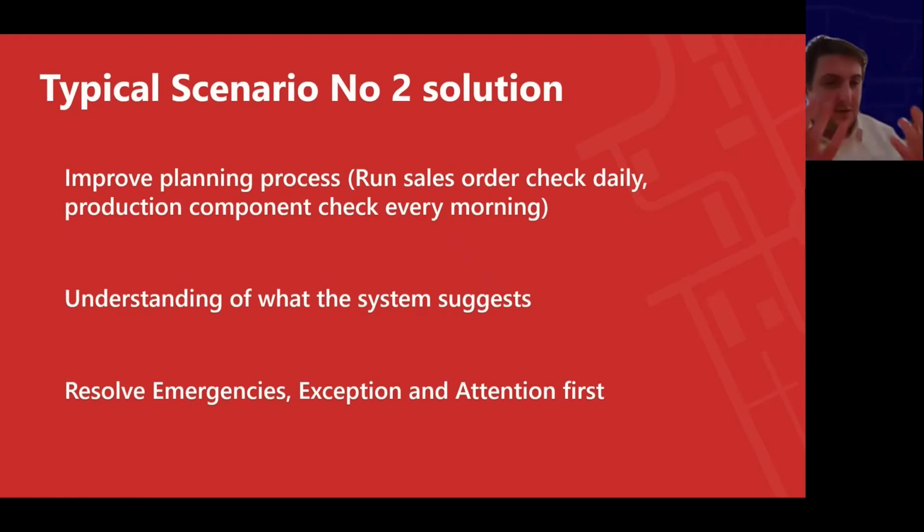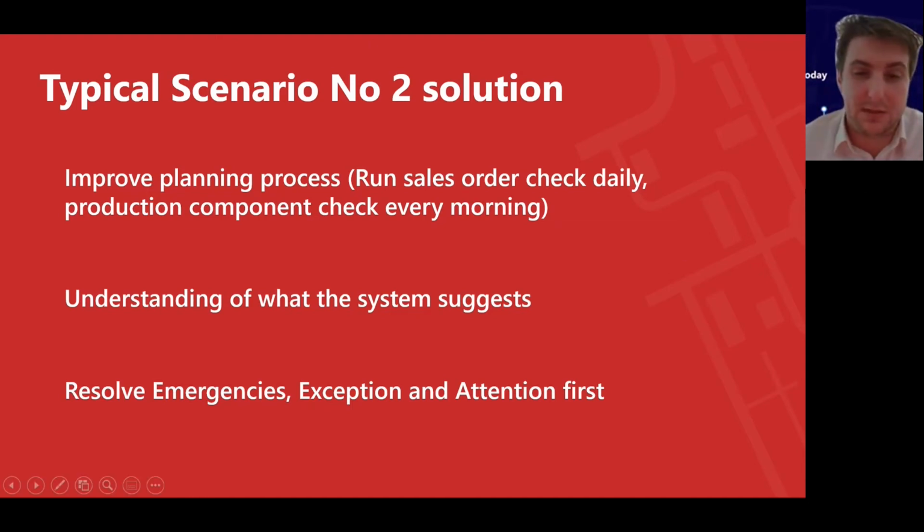And the first one is just to improve the planning process. What I mean by that is that you should segment and diversify your planning process into small batches, which you can execute more frequently. So for instance, you can run a sales order check daily. What do I mean by that?